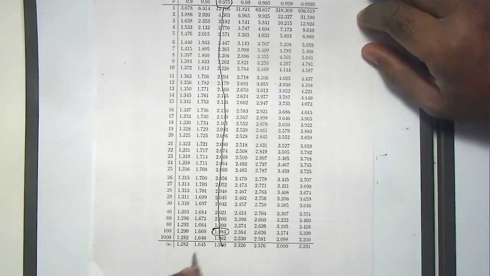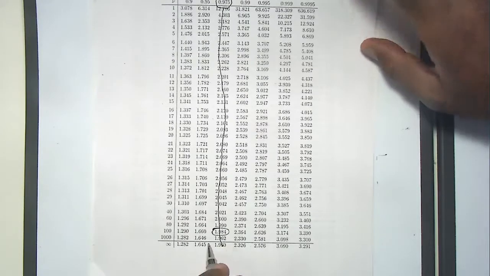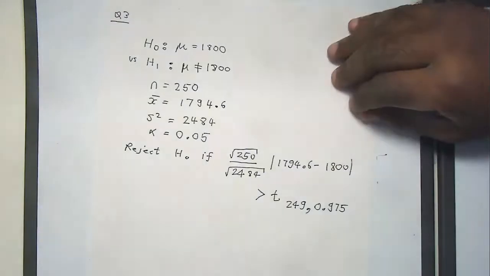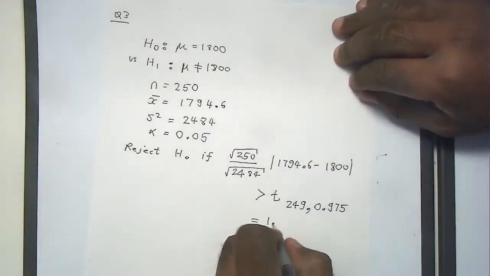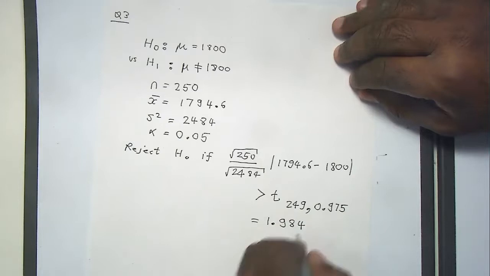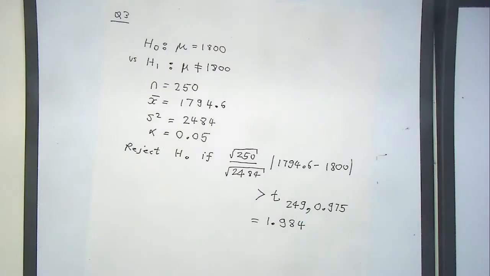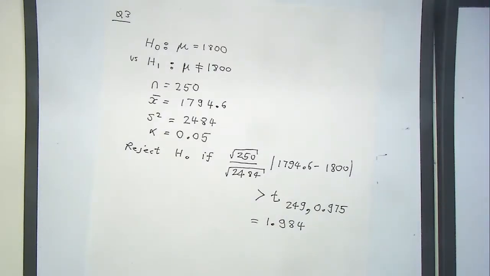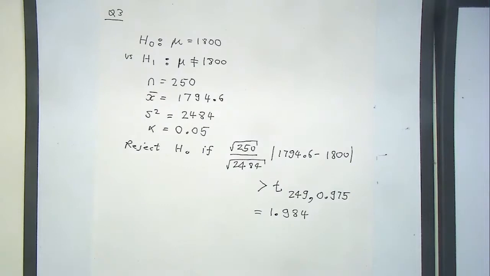The corresponding value is 1.984. So this is equal to 1.984. Now if you have a calculator, you can work this out and see if it is greater than this. That's question 3, guys.